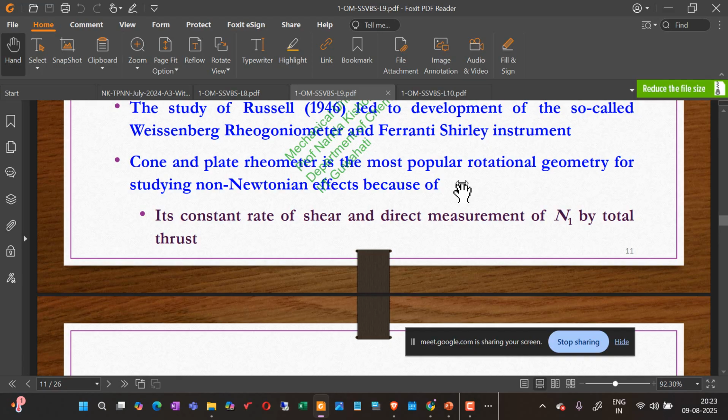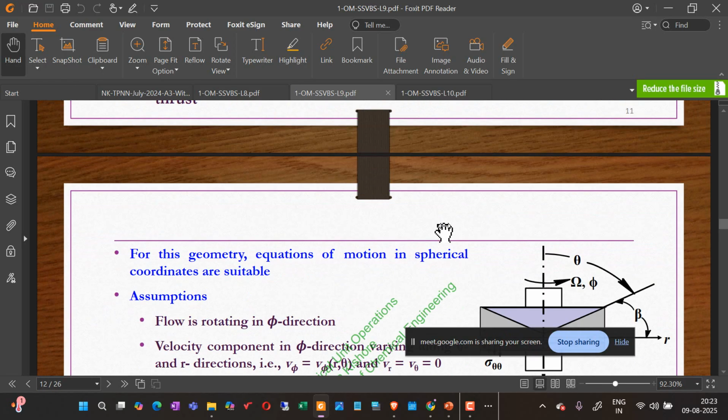So here the first normal stress difference can be very easily measured using this cone and plate rheometer.